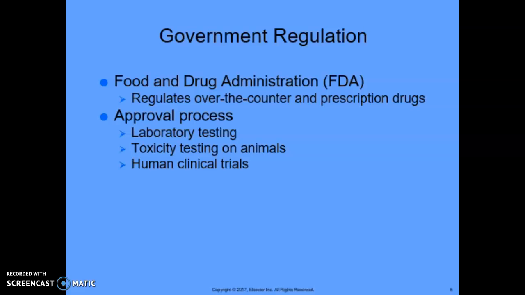Only 1 in about 10 drugs reaches the clinical testing phase, and the original manufacturer of the drug is awarded copyright protection on that particular chemical compound for 20 years. This means that during that 20-year period, other pharmaceutical companies cannot produce generic copies of the drug. We have talked about that, but that's just a refresher.